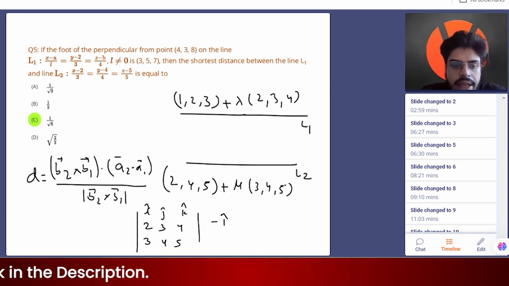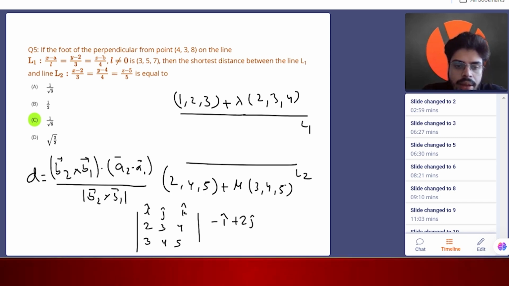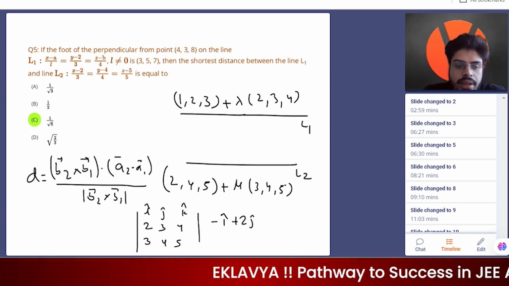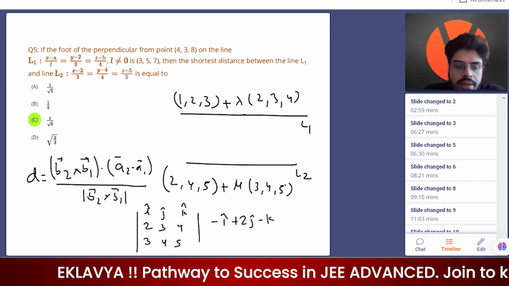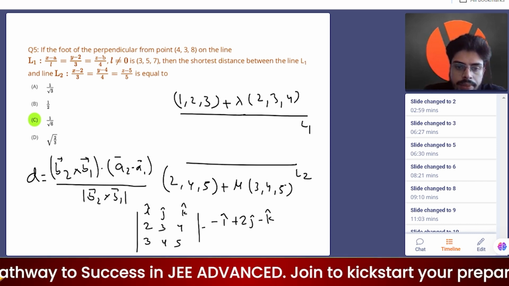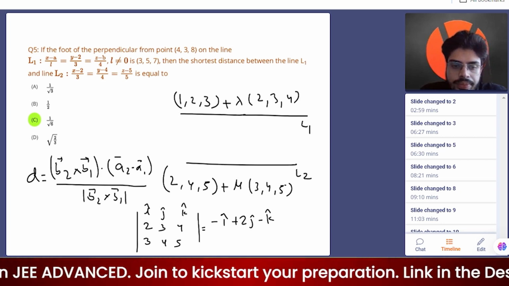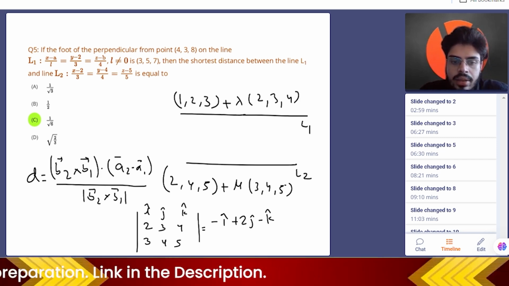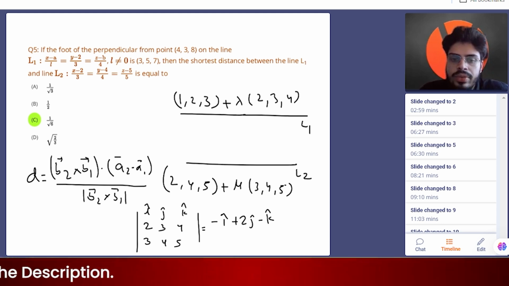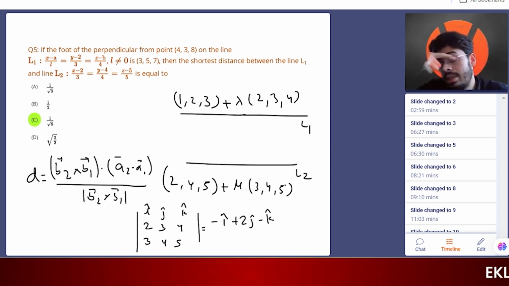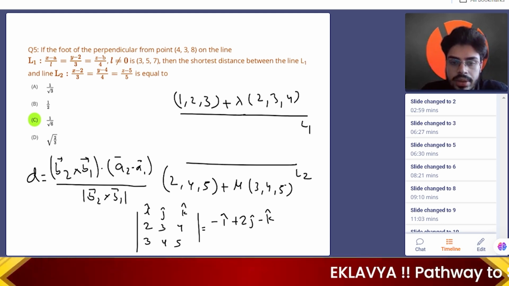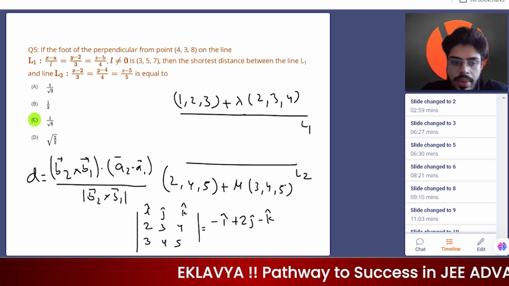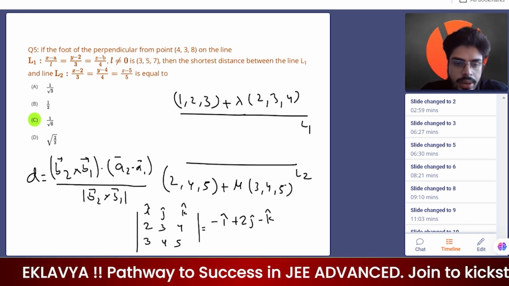J cap: 10 minus 12, minus 2, plus 2 j cap. And 8 minus 9, minus k cap. This is the determinant, and the magnitude will be 1 square plus 2 square plus 1 square, which is 6, so the magnitude is root 6.